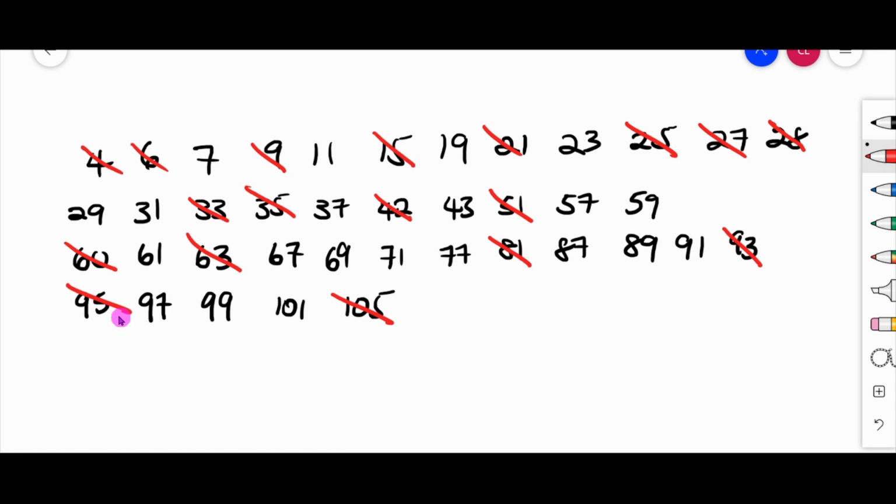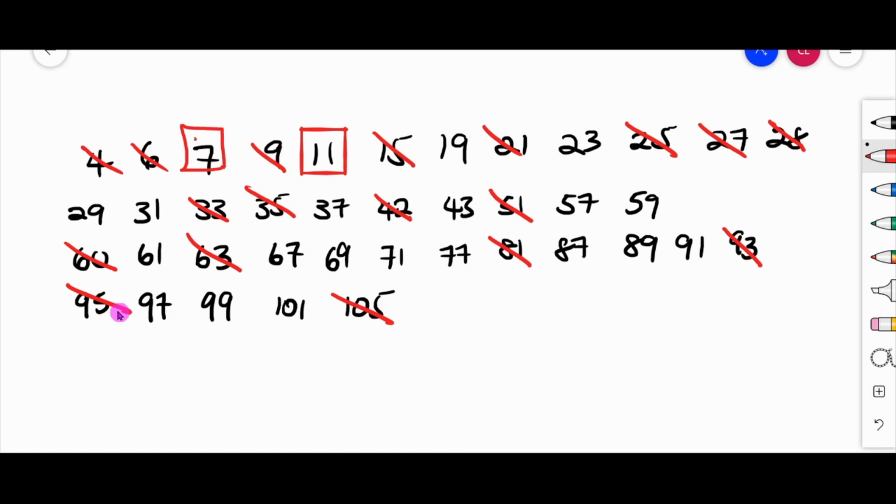Let's go now to the multiples of 7. Do I see any multiples of 7? No. So I'm going to keep this 7 here. So let's go now to the multiples of 11. We're going to keep our 11. Any other multiple? 22 not there. 33 is gone already.